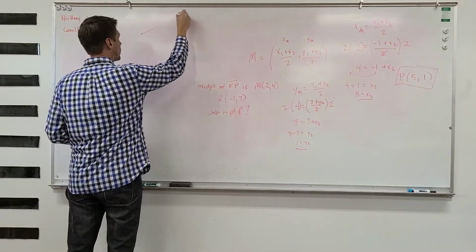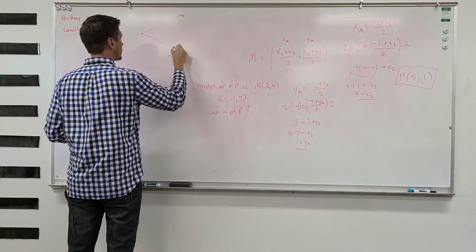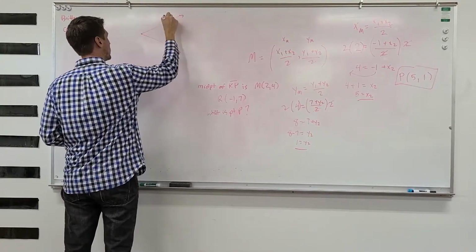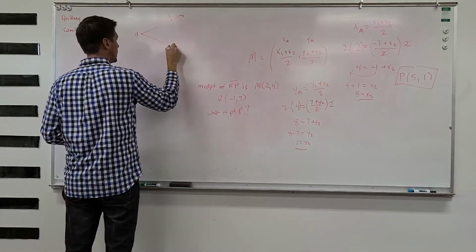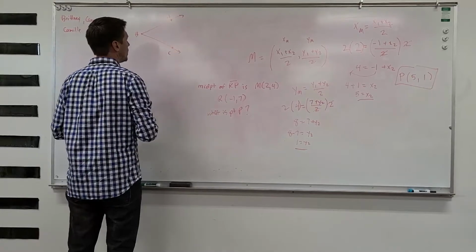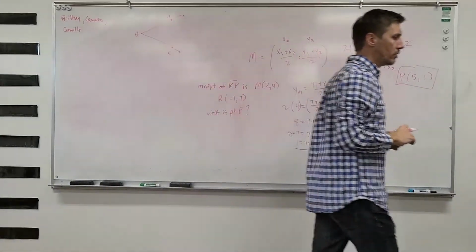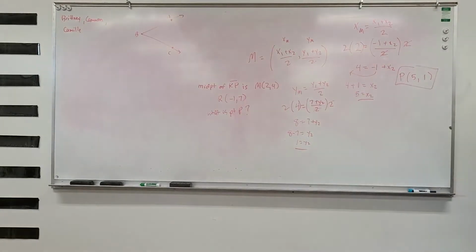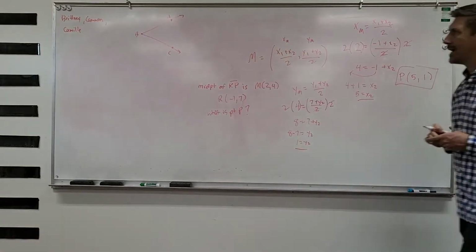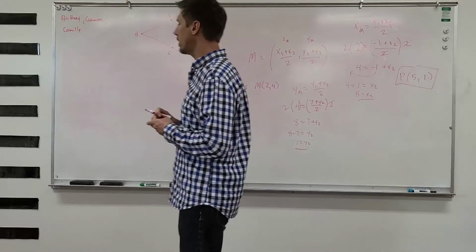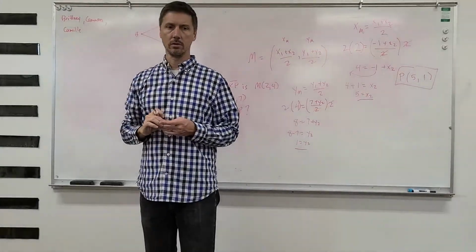If I have angle ABC, and I want to draw ray R and say that it bisects ABC, what do you think that ray R probably does?